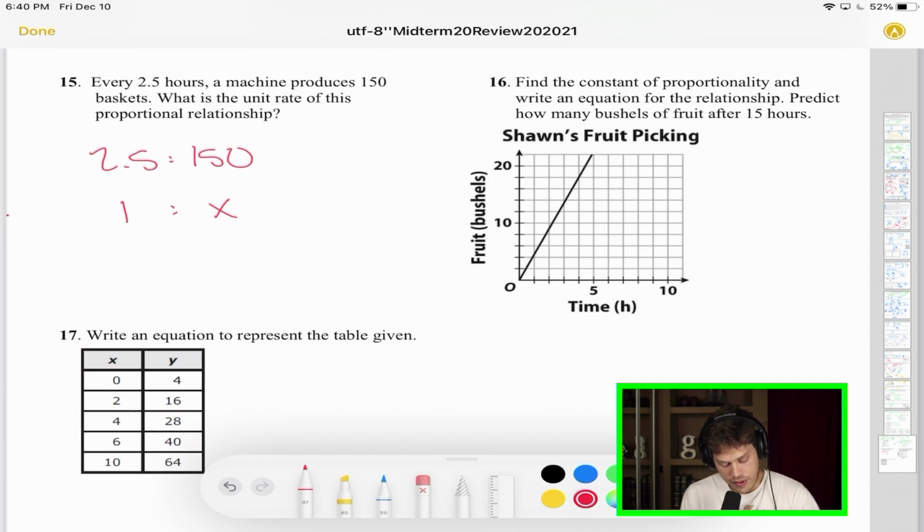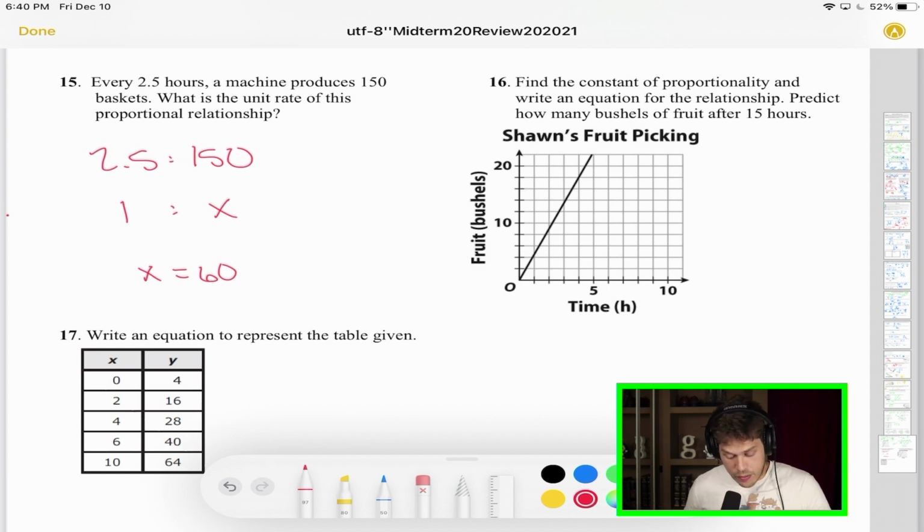So that would be 60. X equals 60. Right? That looks right. Yep. Okay. Again, you just cross multiply and solve. You do have 150 divided by 2.5, which is 60.